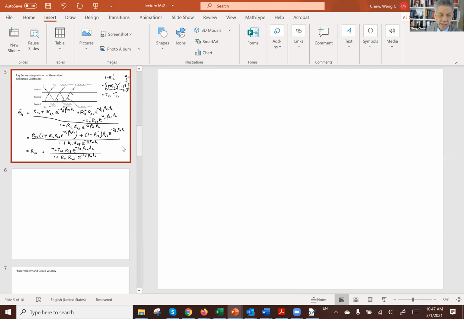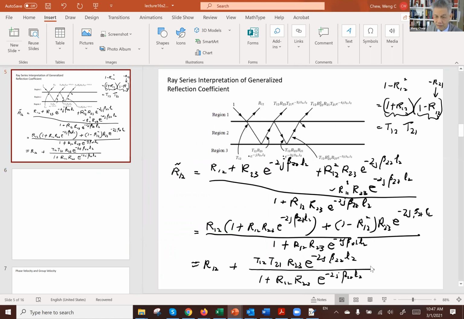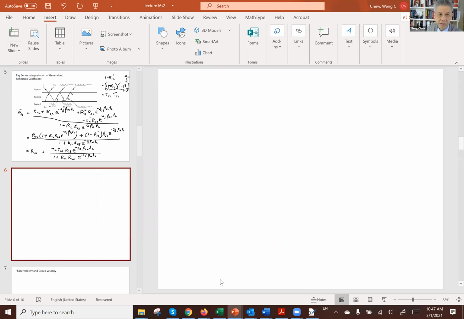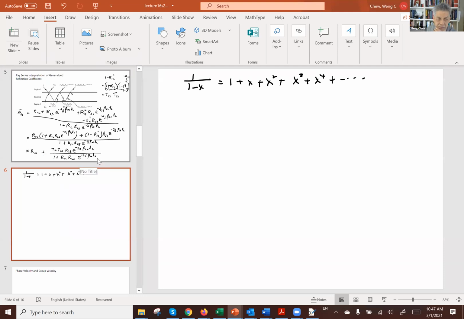What I can do next is to use the fact that this denominator I have over there, anything like 1 over 1 minus x, can be written as 1 plus x plus x squared plus x cubed plus x fourth. Okay, something like this can be written as an infinite power series. So I can think of this as something like 1 minus x, and then expand this as a power series. And if I do that, then I will have terms like that.